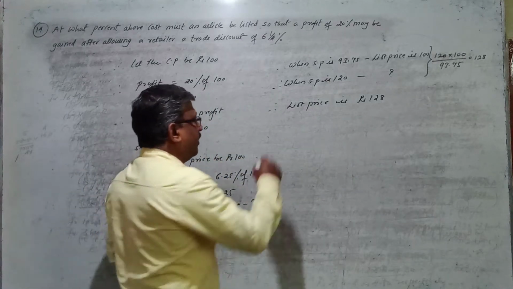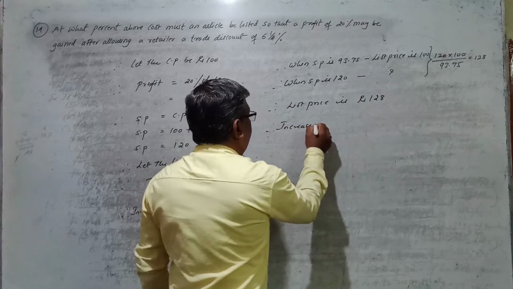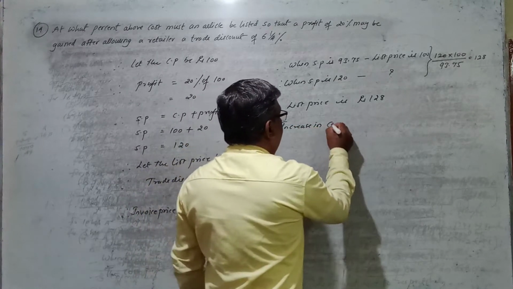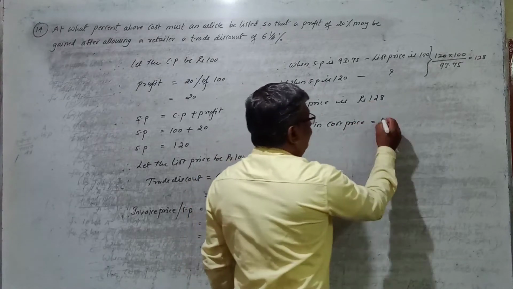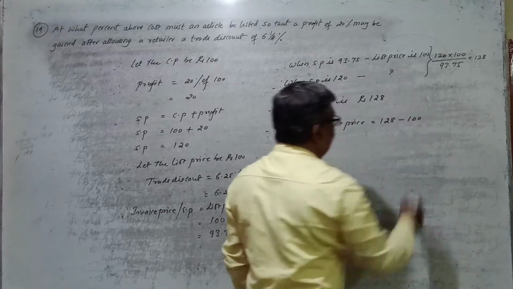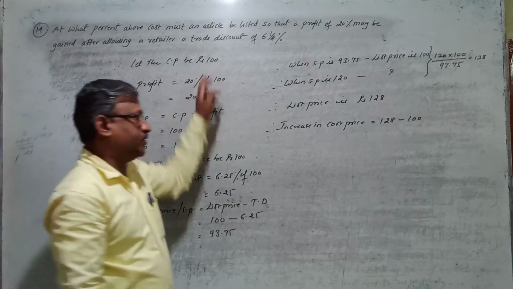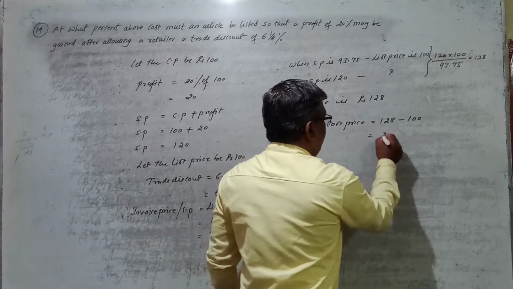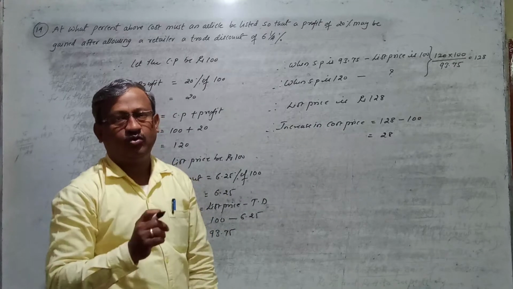That is called the increase in cost price. So from the list price 128, you subtract your actual cost price: list price minus cost price. So you have to increase your cost by 28 rupees.